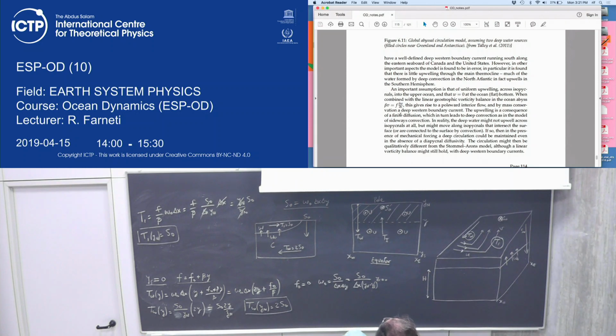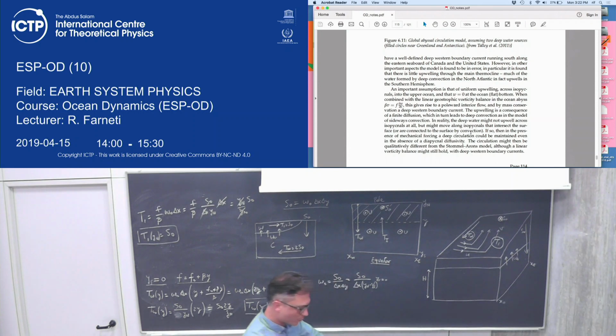The upwelling is a consequence of a finite diffusion, which in turn leads to deep convection, as in the model of sideways convection. In reality, the deep water might not upwell across all isopycnals at all, and in fact it doesn't, okay? But it moves along isopycnals and intersects the surface.